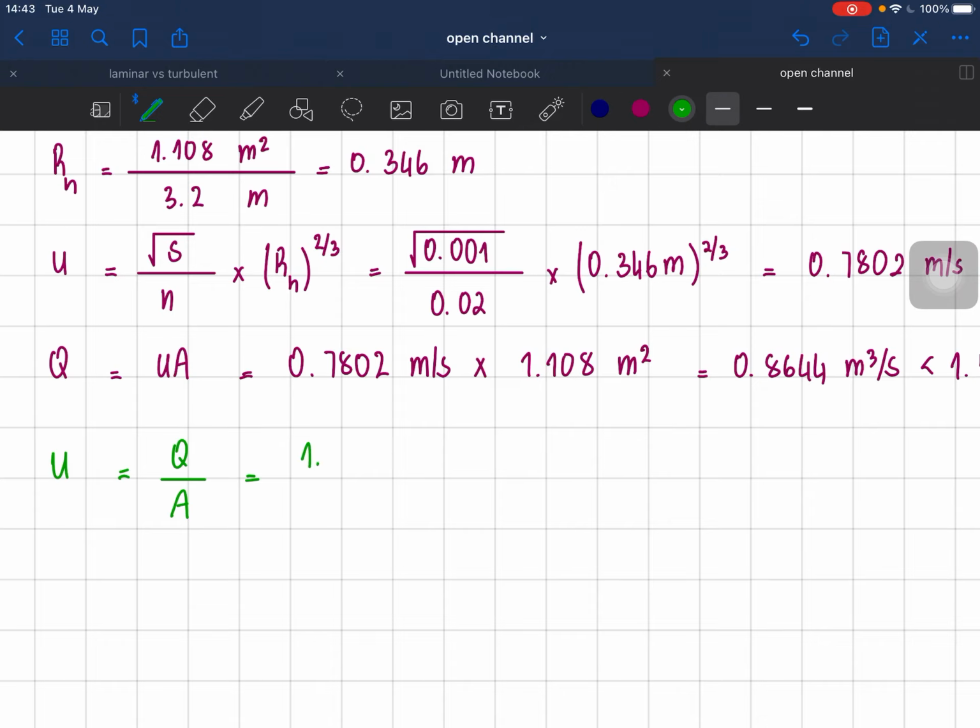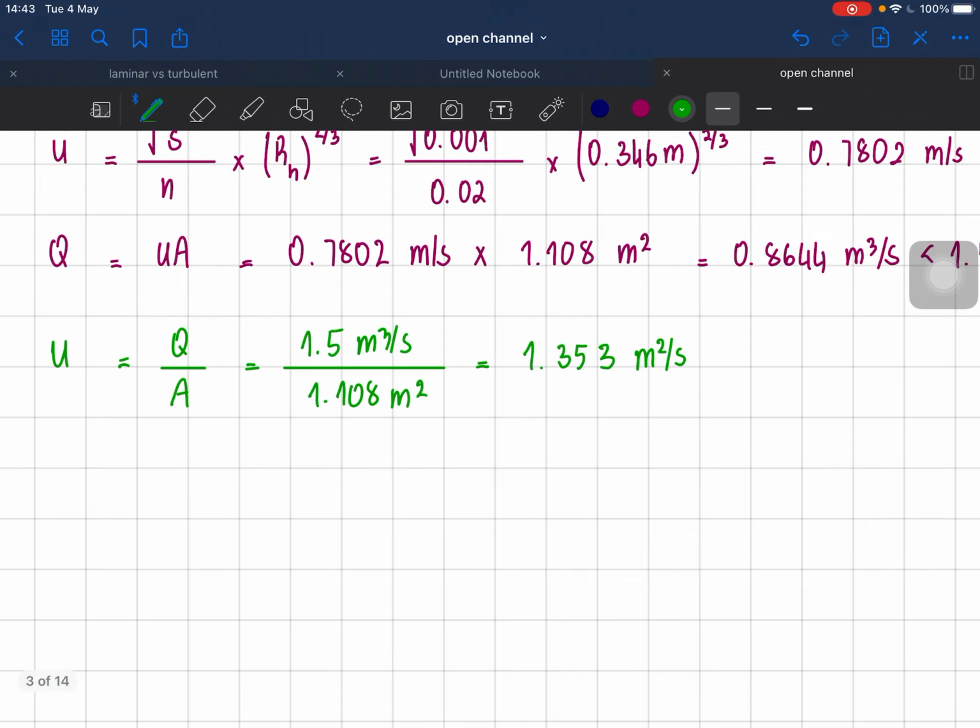We're going to use the actual required flow, and the A is still the normal A, so it's 1.108 meters squared. The answer is 1.353 meters per second.